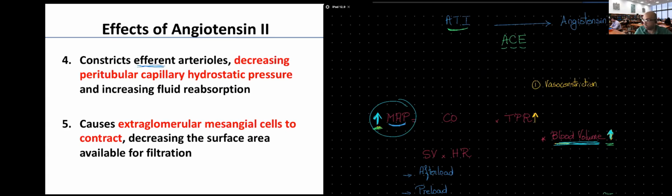The constriction of the efferent arteriole will cause a decrease in the peritubular capillary hydrostatic pressure. And as I reduce the peritubular capillary hydrostatic pressure, this will allow you to reabsorb much more fluid back to your vessels. And this results in an increase in blood volume, and so blood pressure.